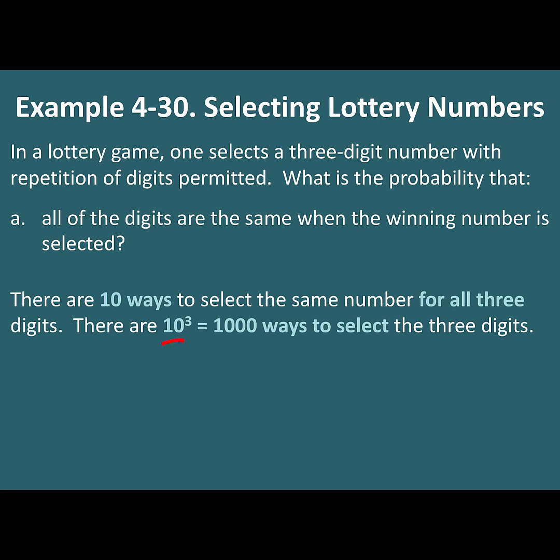Therefore, there are 10 to the 3rd power, which is 1,000, ways to select the 3 digits. Therefore, the probability that the winning digits are all the same will be 10 out of 1,000, or 0.01.